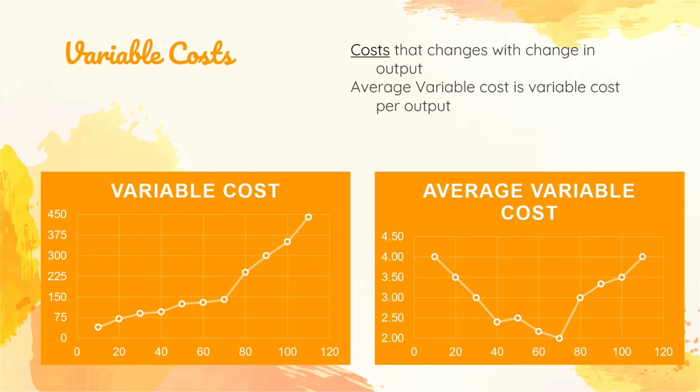As you can see on the screen, these graphs are plotted with the data, but in the textbook it is a smooth curve. If you open your books, you can see that average variable cost is a smooth curve, like a parabola.